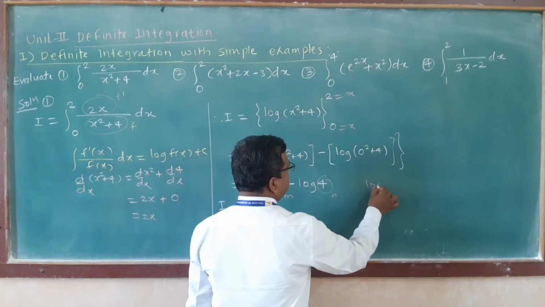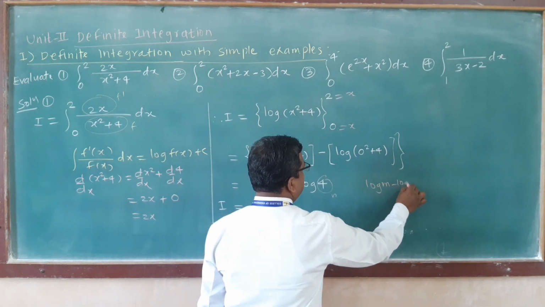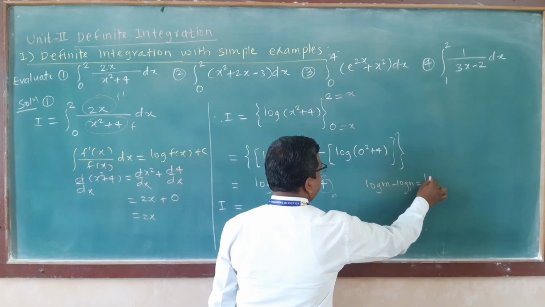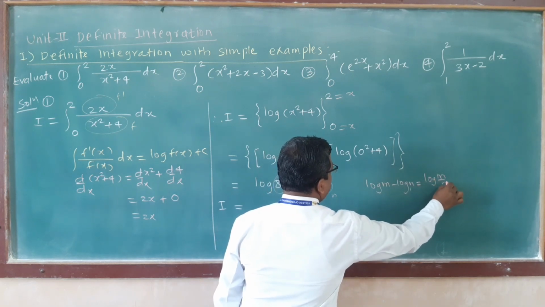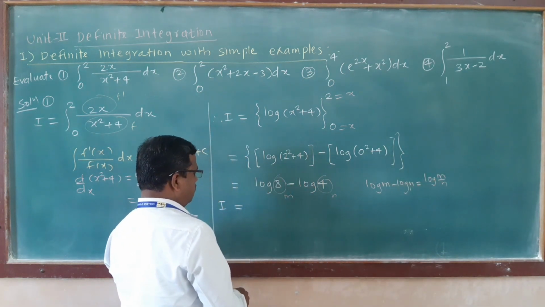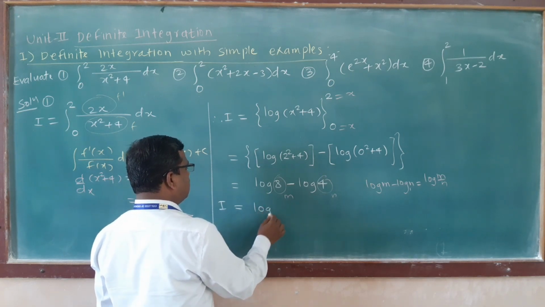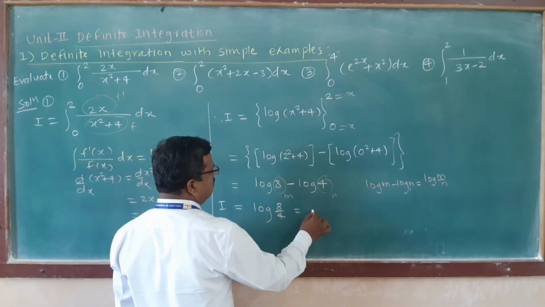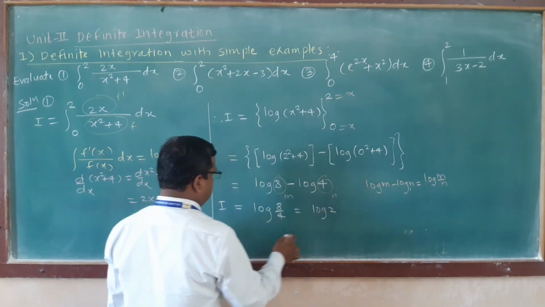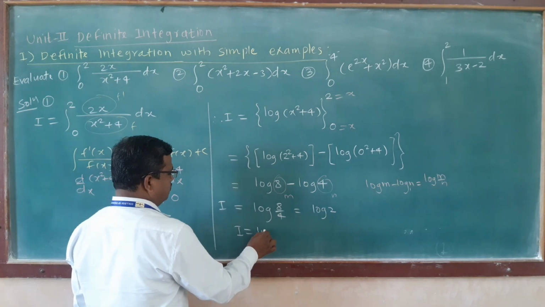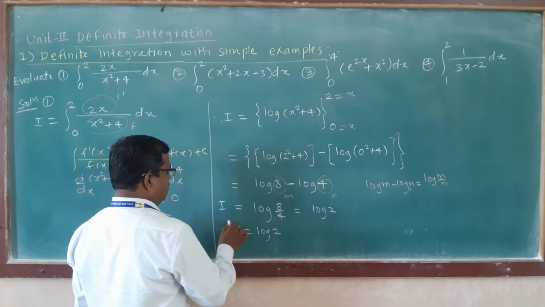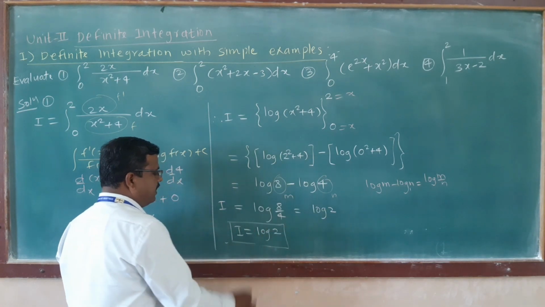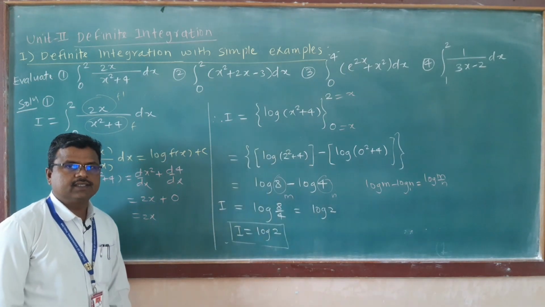Therefore this is in the form log of m minus log of n, which is equal to log of m upon n. So therefore this is log of 8 upon 4. 8 upon 4 is 2. So this is log 2. So we get I is equal to log of 2. This is the required value of given integration.